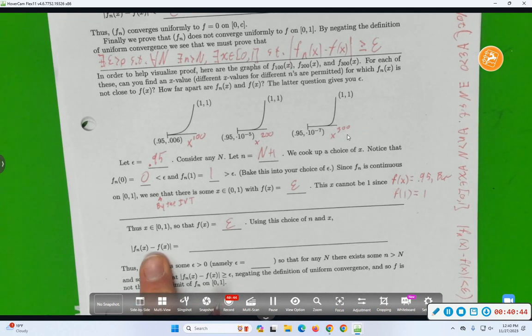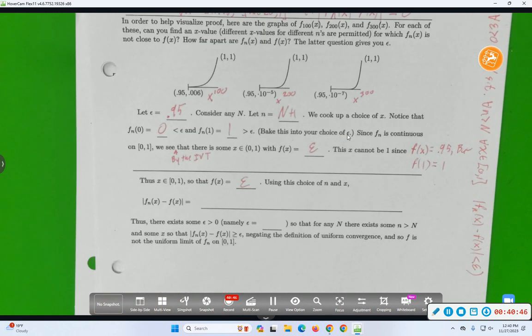Let's expand this out. So use all the information above. What is then f sub n of x minus f of x for this particular choice of x? Let's just plug everything in.